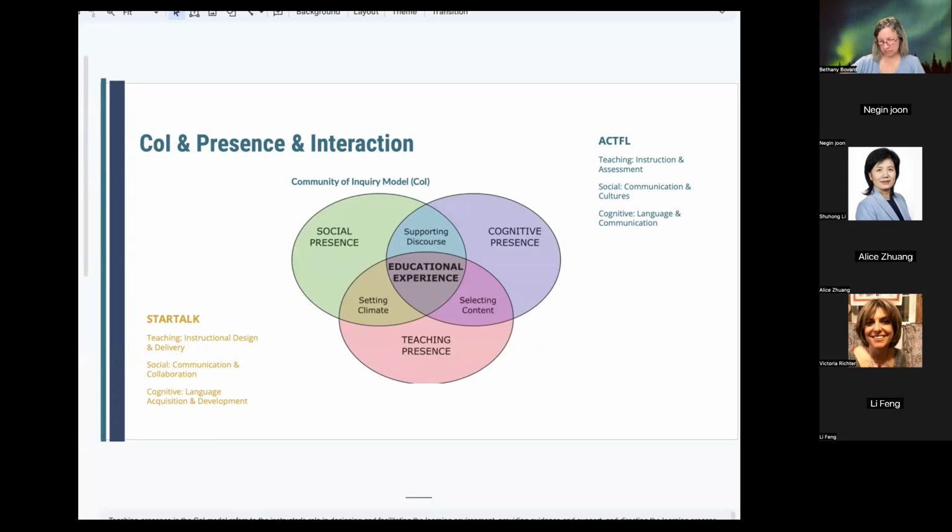I don't know if these examples can be called teaching presence or cognitive presence, or maybe a combination of the two. In recent years, when it comes to the end of the semesters, I always give the assignment of asking them to be a teacher.